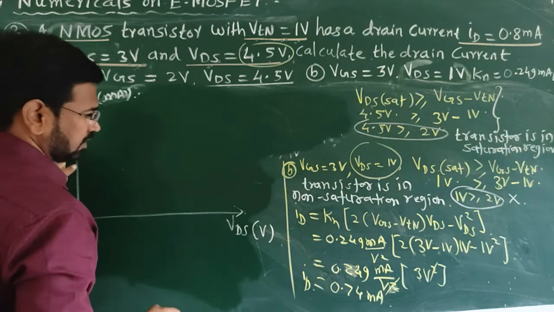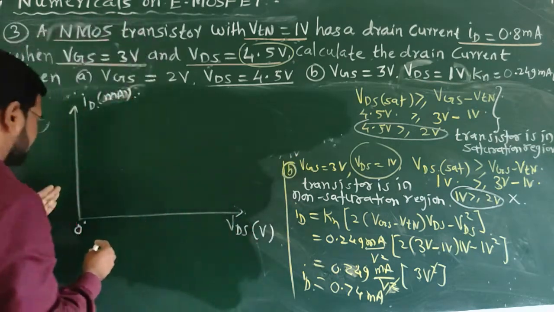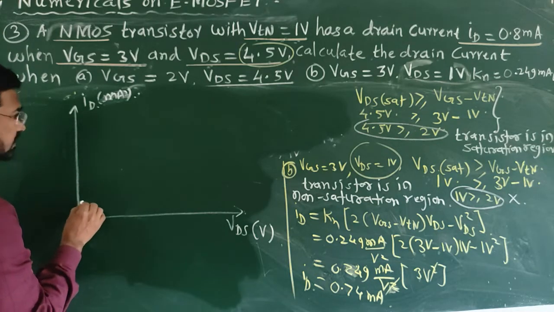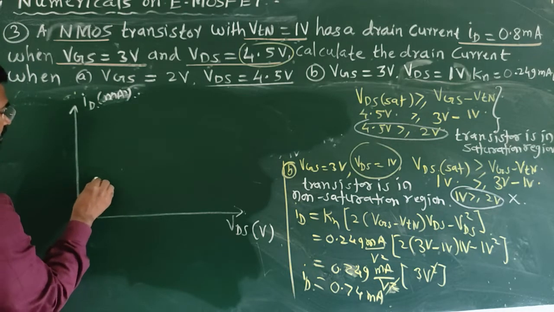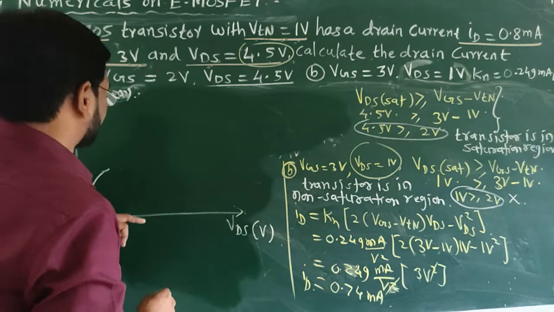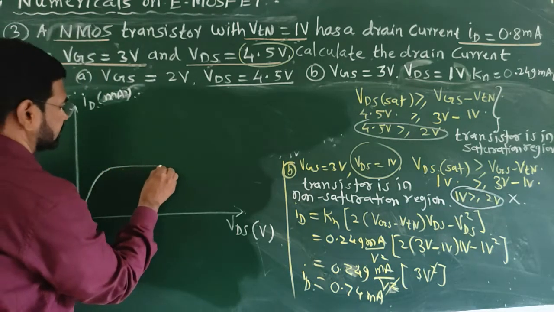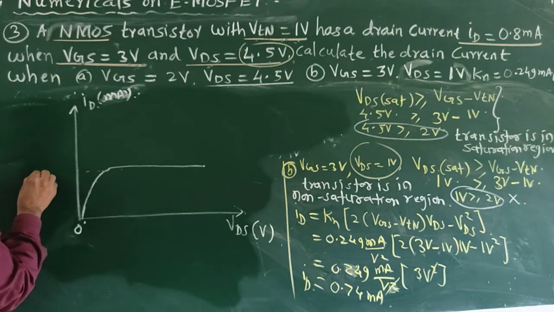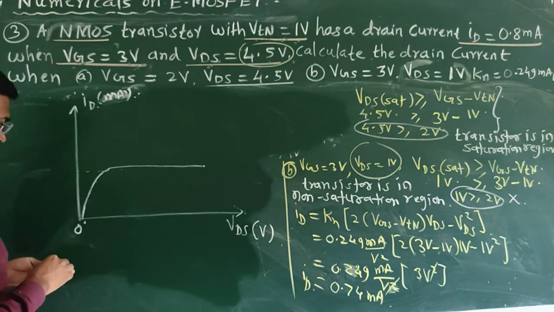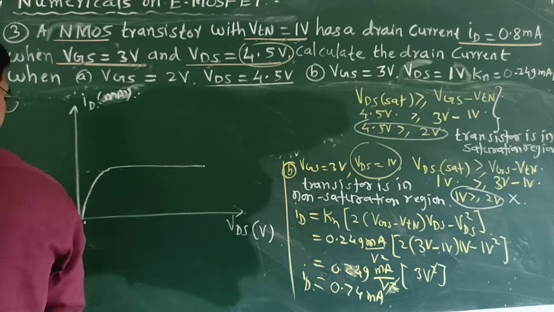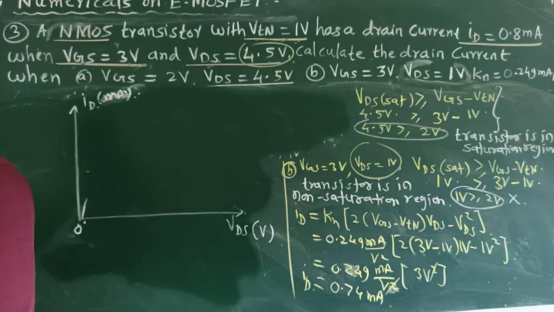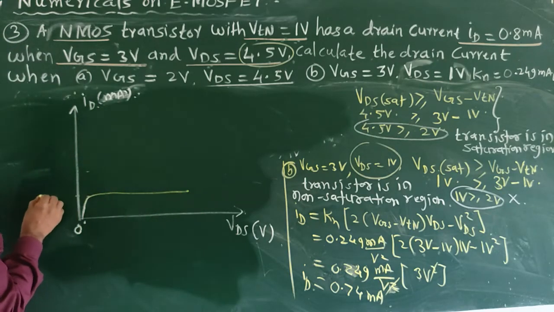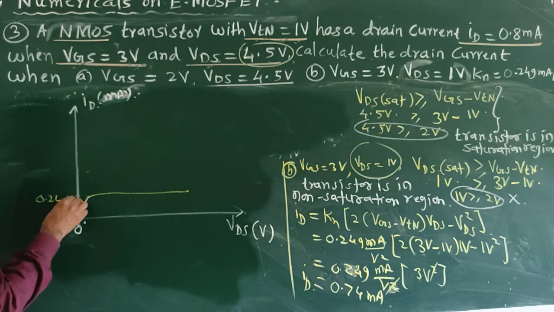The first case, VGS is 2 volt. What is the transistor state? It is in saturation. So, what is the ID we have got? It is 0.249, somewhat more. I will draw approximately here, 0.249 milliampere.